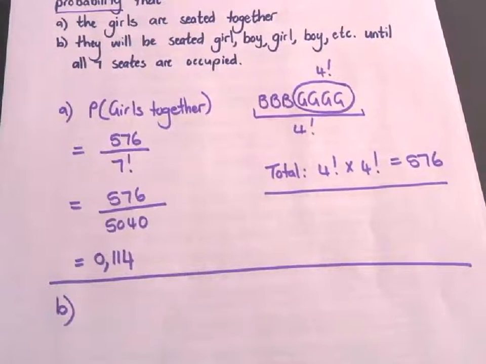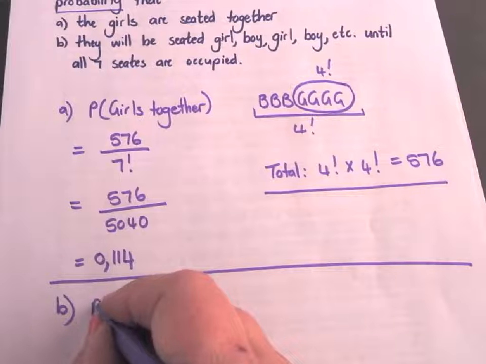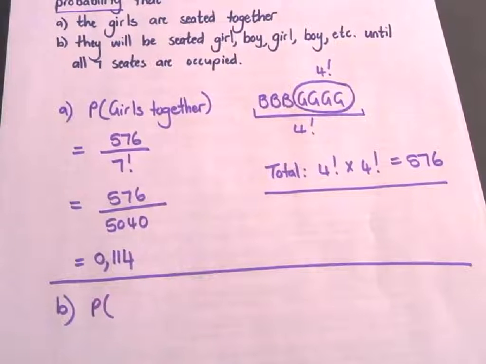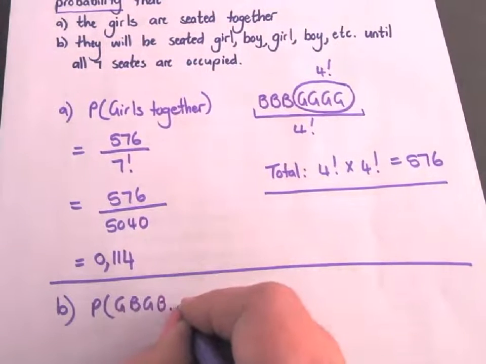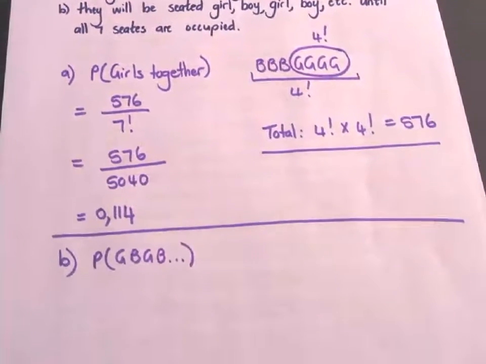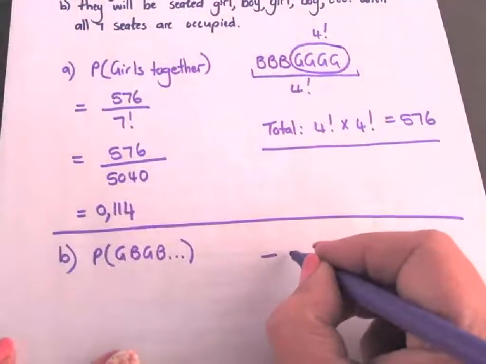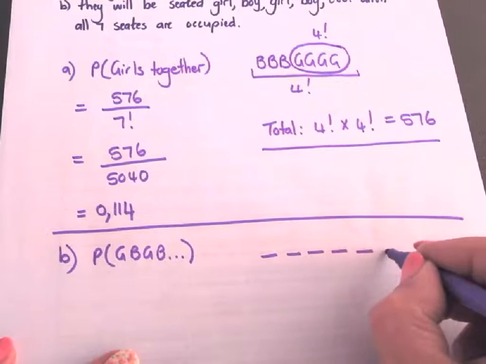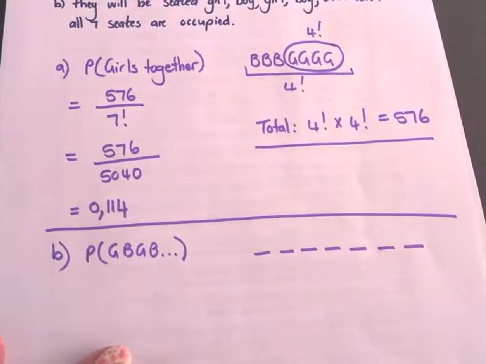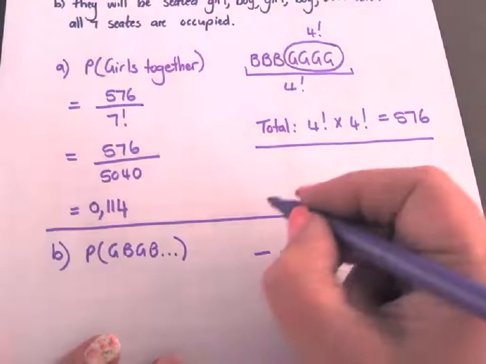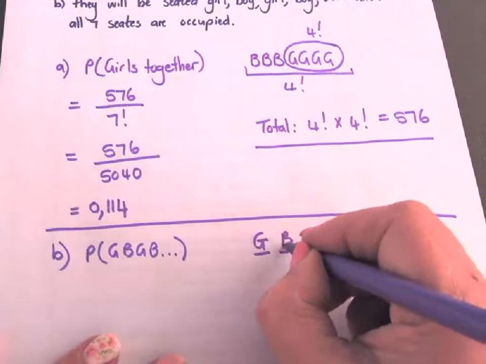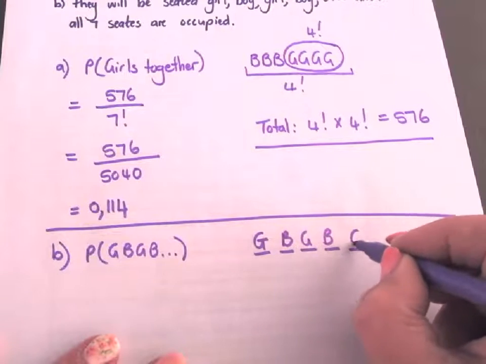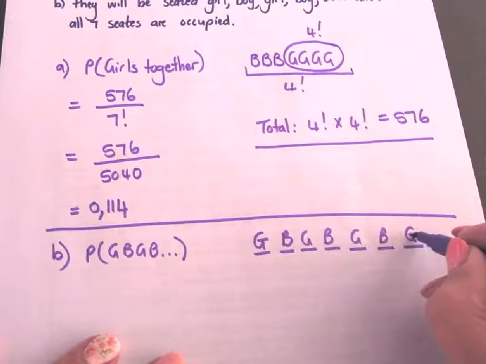Now they ask, what is the probability of seating all the pupils girl, boy, girl, boy, girl, boy, girl? We know that there are 7. 1, 2, 3, 4, 5, 6, 7. We must start with a girl, and then a boy, and a girl, and a boy, and a girl, and a boy, and a girl.